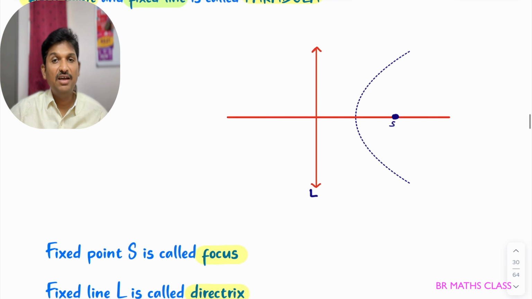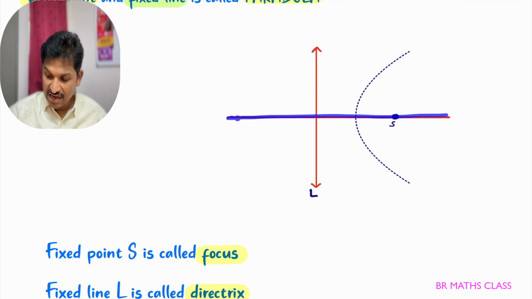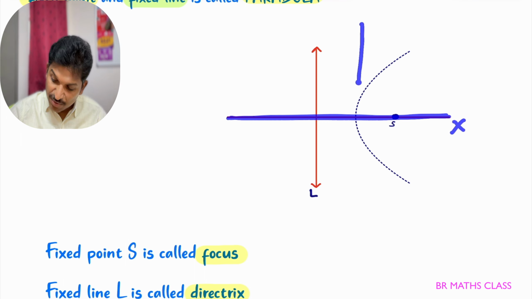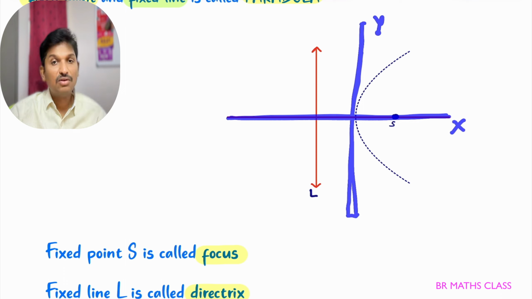Now in this diagram I'll consider a few things. Please observe carefully. Here this axis is there. I'll take this axis as x-axis, and the line passing through vertex parallel to directrix as y-axis. Why am I considering this? Just to derive the equation of the parabola.